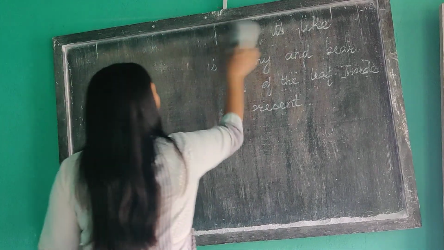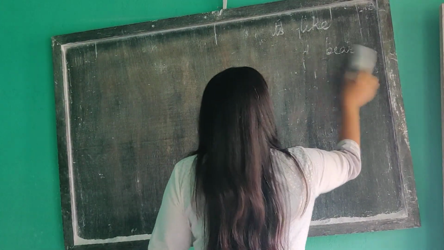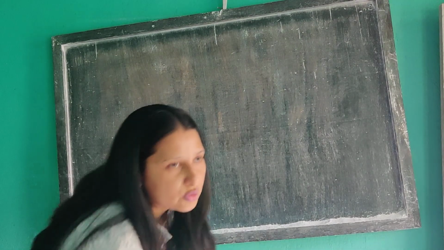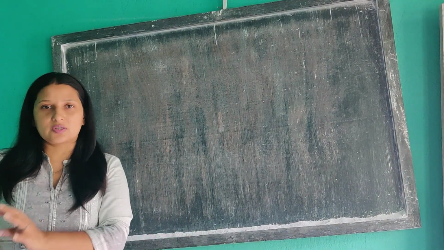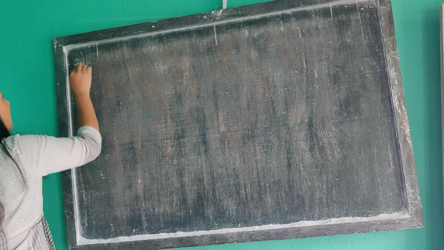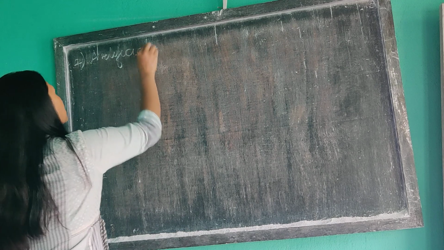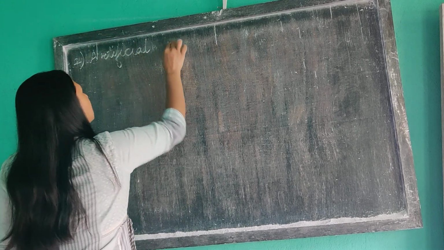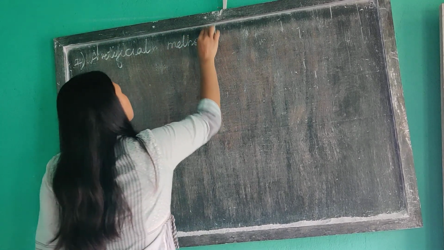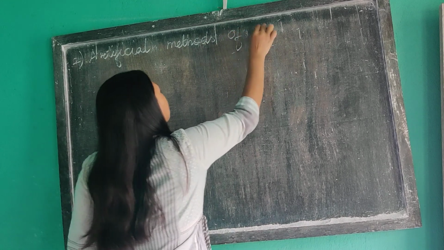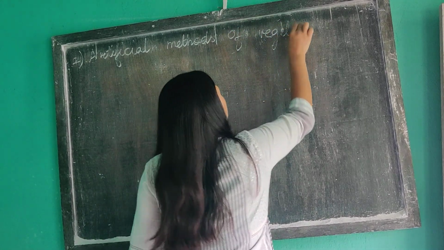Okay, artificially also, by using the parts of a plant like roots, stems and leaves, reproduction is done. So these are the artificial methods of vegetative propagation.